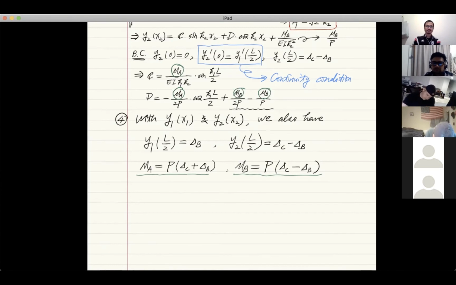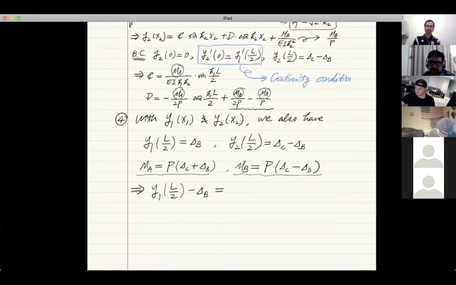Okay. So then we're going to write the whole thing this way. We're going to write that when you plug in this L over 2 into the expression of y1 of x1, we're going to say that let the y1, this expression, minus delta B, which this expression is also delta B, delta C dependent.